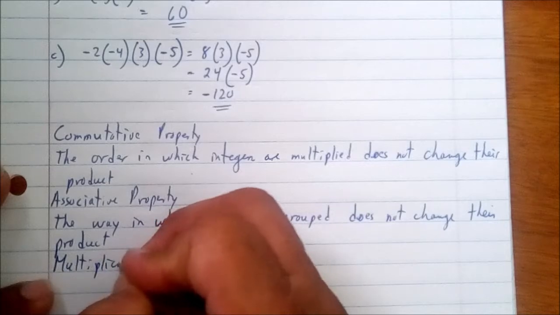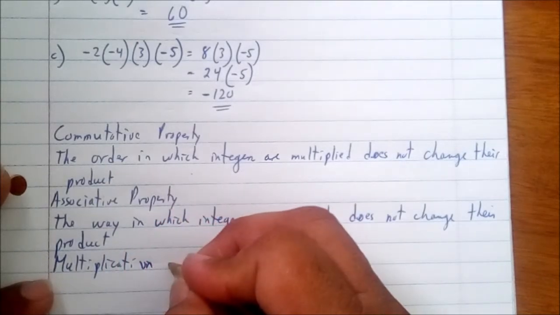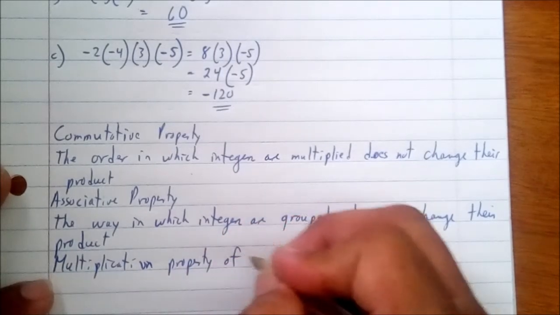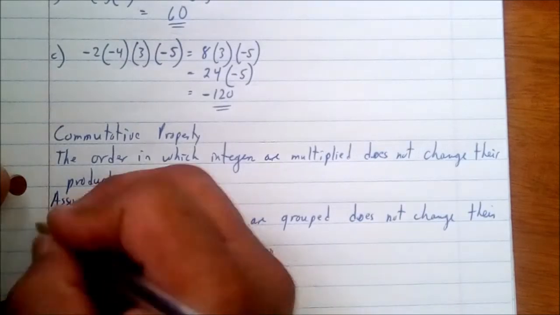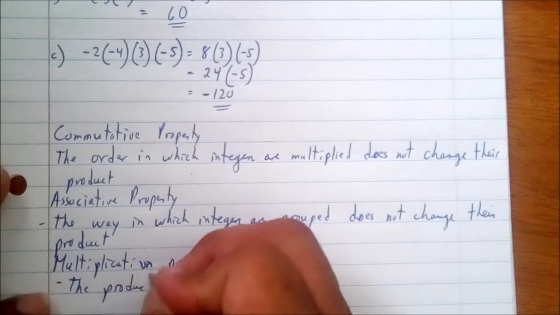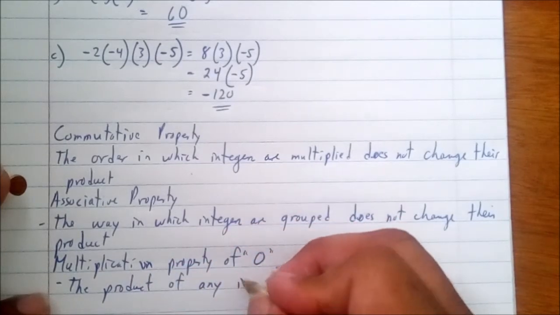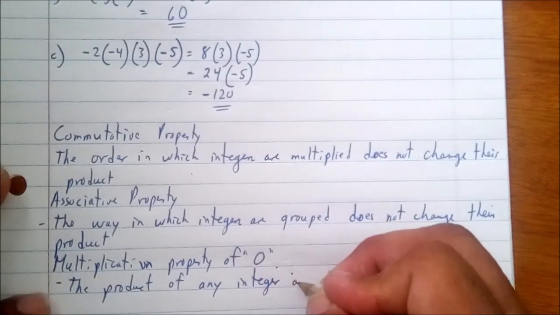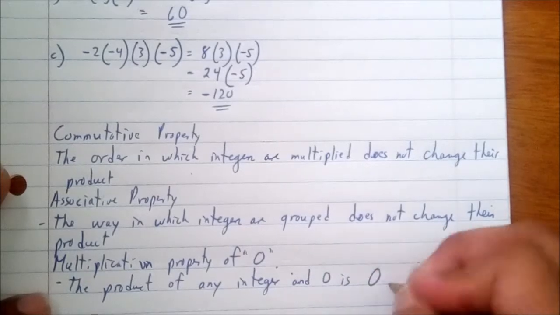Multiplication property of 0, very important, which is here: the product of any and every single integer and 0 is 0.